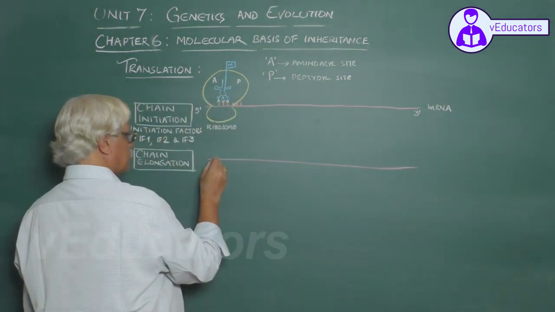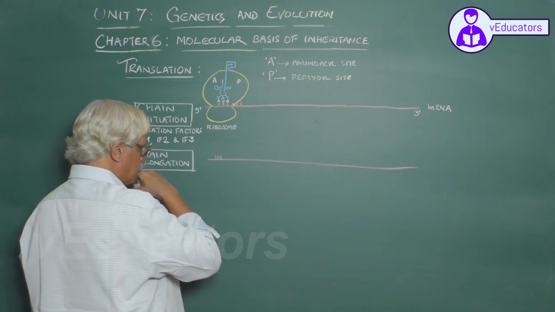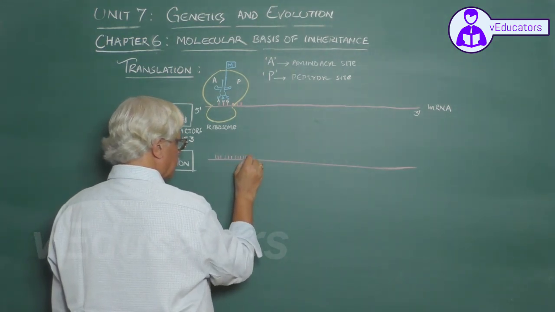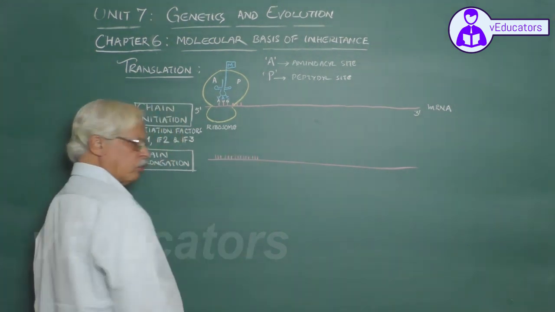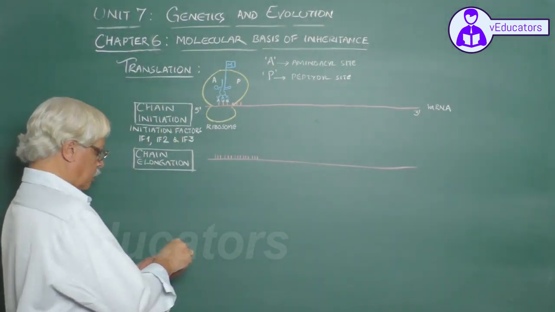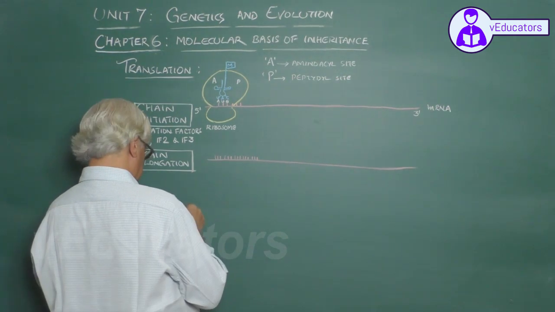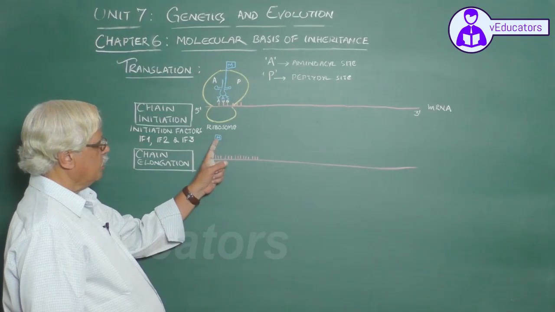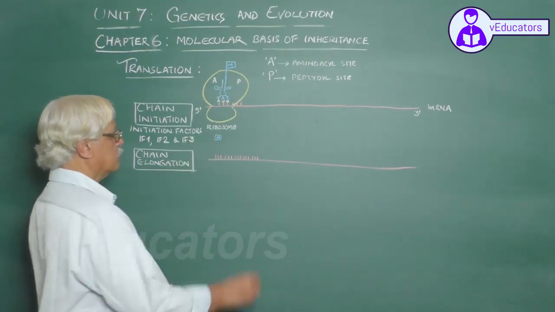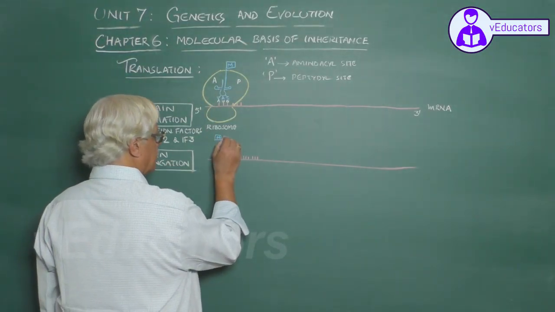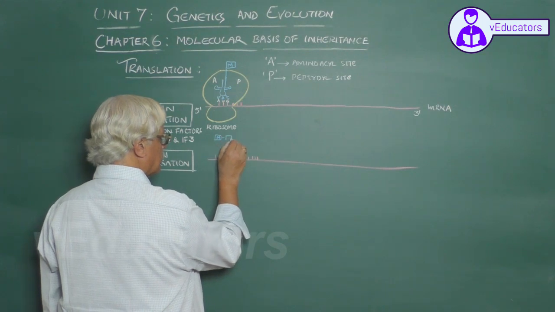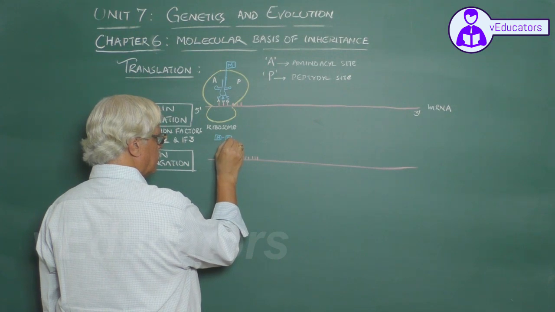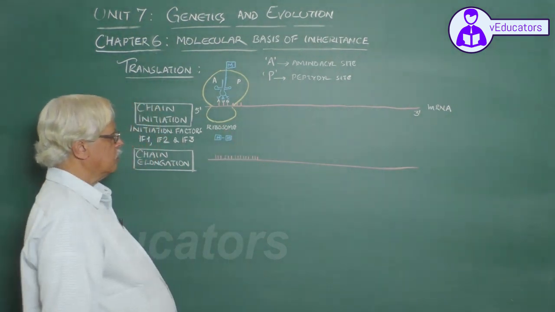mRNA is here. First codon, second codon, third codon, fourth codon, fifth codon, like this. At the first codon, methionine was brought by a tRNA molecule. At the second codon, let us say, phenylalanine was brought by another tRNA molecule.